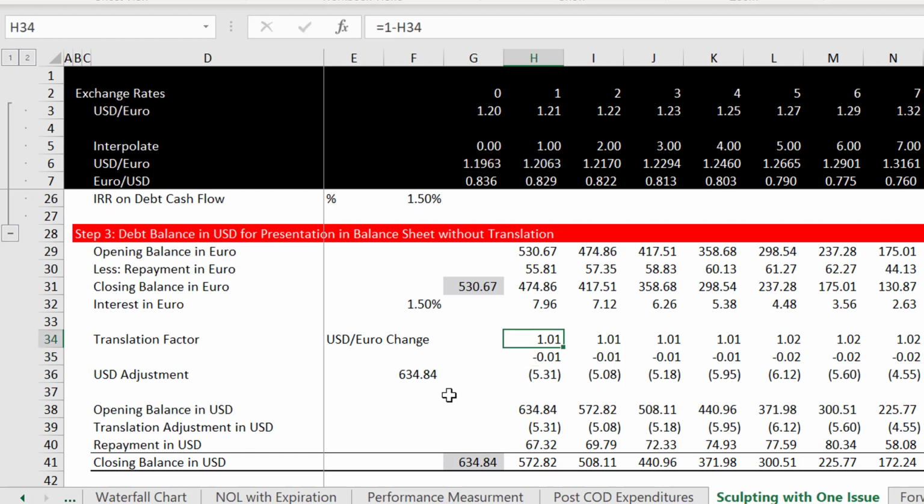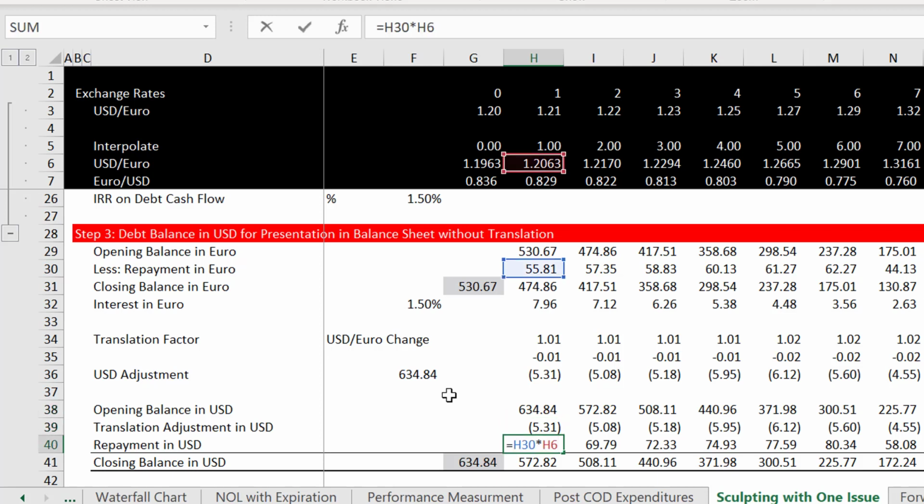And we're going to have to pay more euros off as if we're in USD, so there's going to be a translation adjustment, and that's going to be a negative amount on the USD income statement. Okay, so you can start with the opening balance, get that translation adjustment, which reduces the value of the loan, I guess.